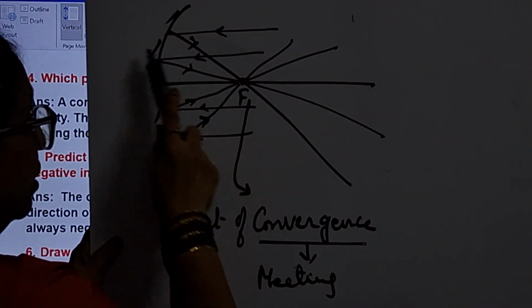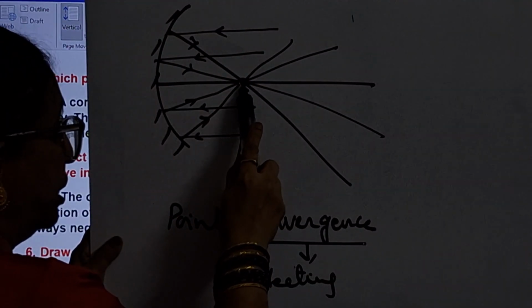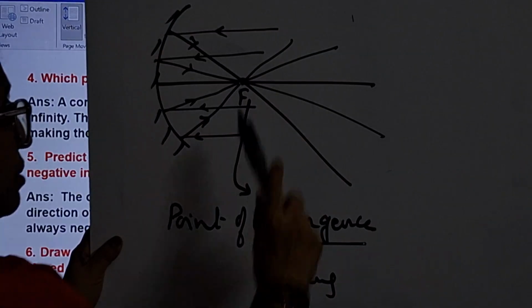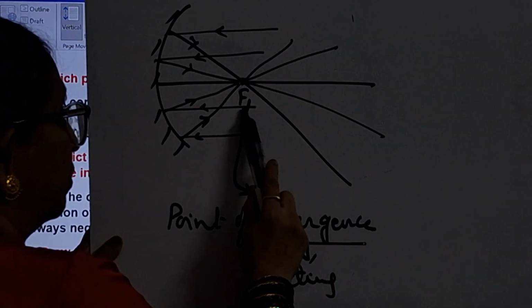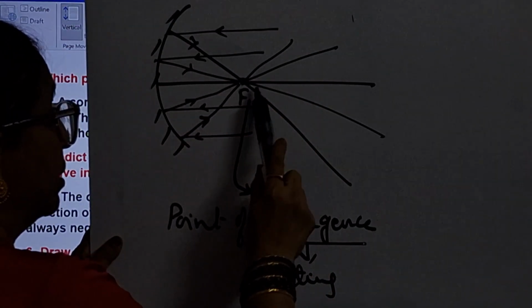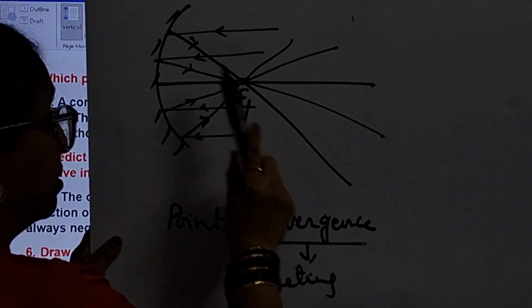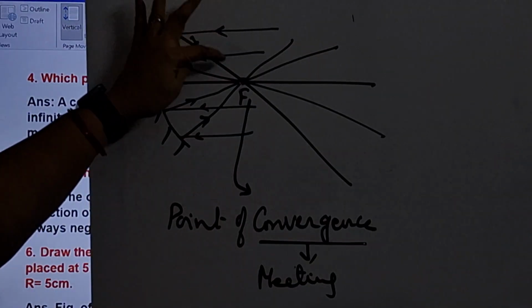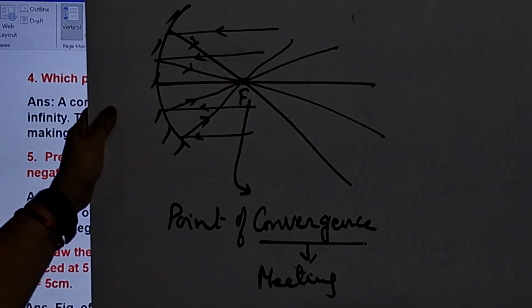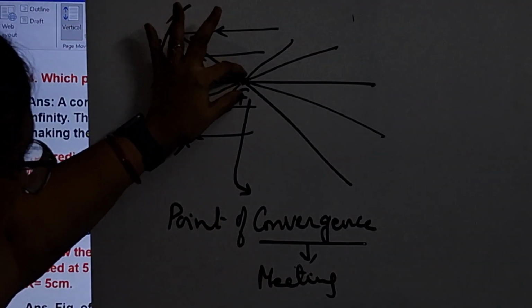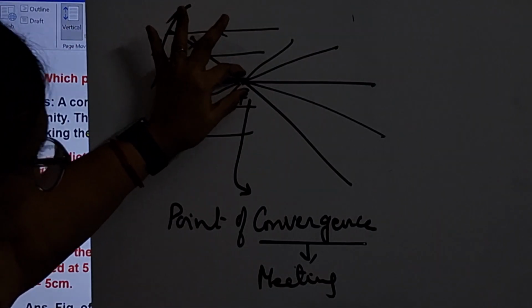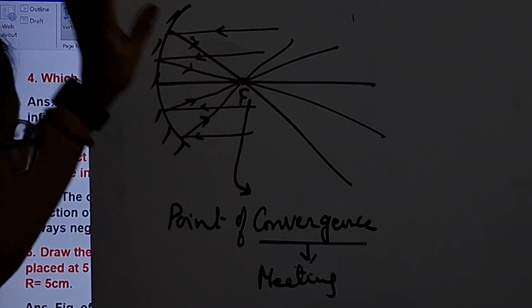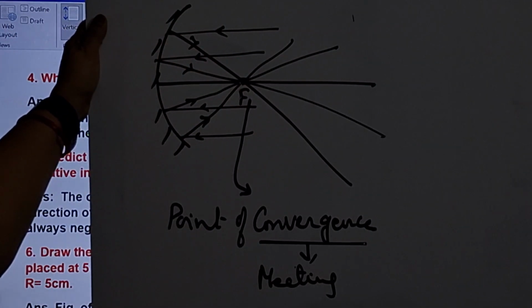All these rays are reflecting and meeting at a point. That means the energy of each of these light rays is focused at a single point. Then definitely here the energy will be much more than in individual rays. That is why a lot of energy is there. If you keep any utensil with some food item, it starts cooking.